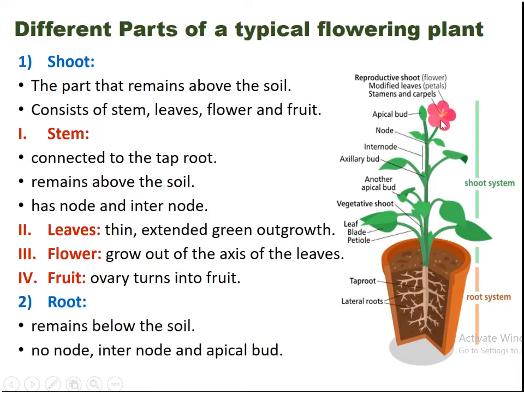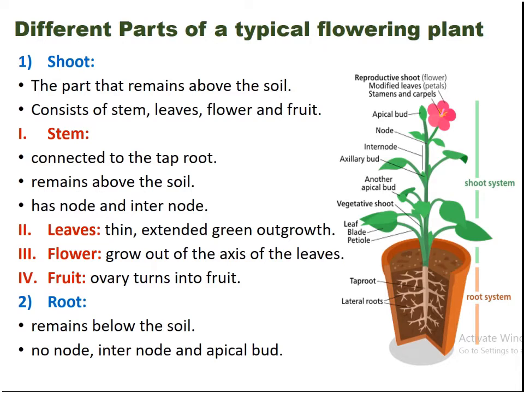Now the root: the part of the plant that remains below the soil, with no node, internode, or apical bud, is called the root. In our next slides, we are going to talk in more detail about these different parts of a typical flowering plant.